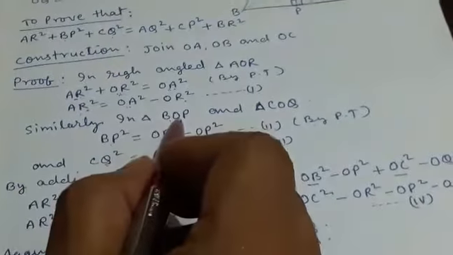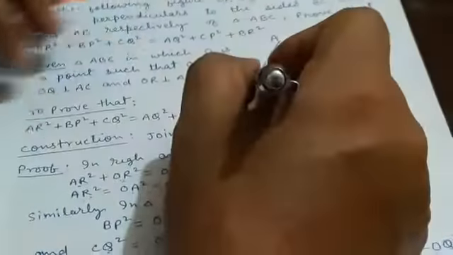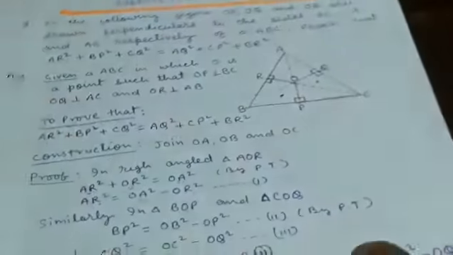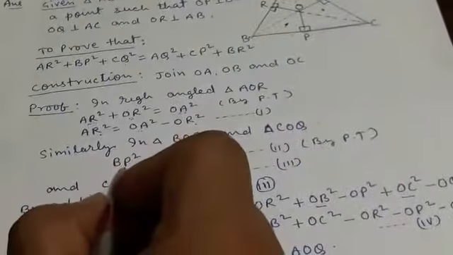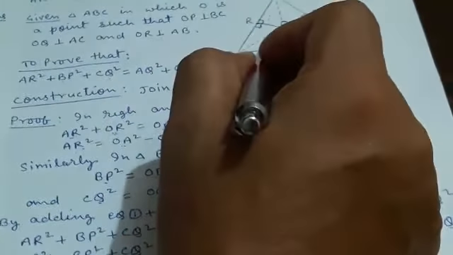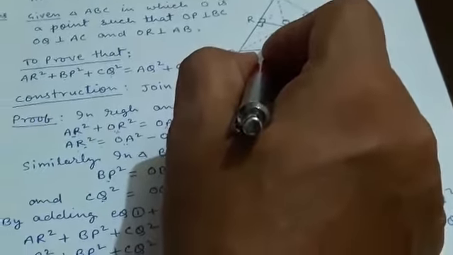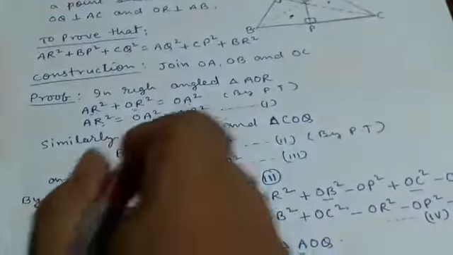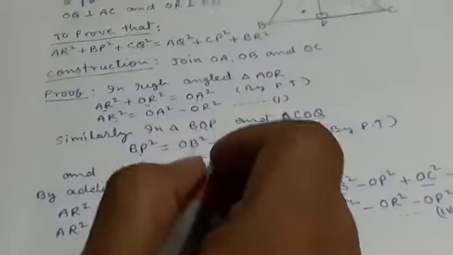Similarly, in triangle BOP and triangle COQ. BP square is equal to, so this is a right angle triangle, so this will be the hypotenuse. Base square is equal to hypotenuse square minus perpendicular square. So BP square is equal to OB square minus OP square.